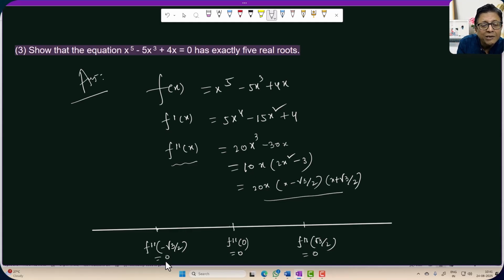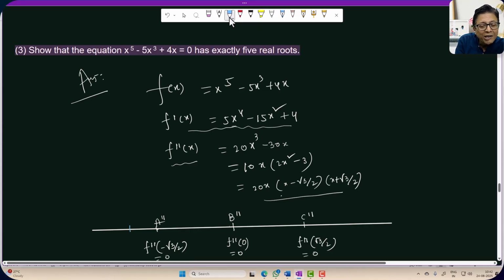So we take these points as a'', b'', c''. Now take the 4 roots of f'(x). Since these are all real, this equation of 4th degree must have all real roots. See, you are applying all those concepts we have learned so far.